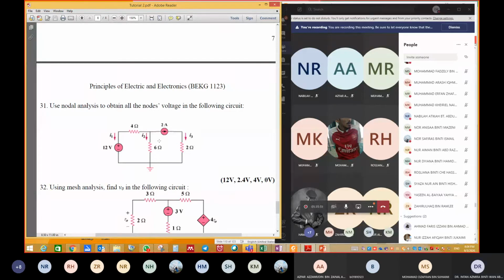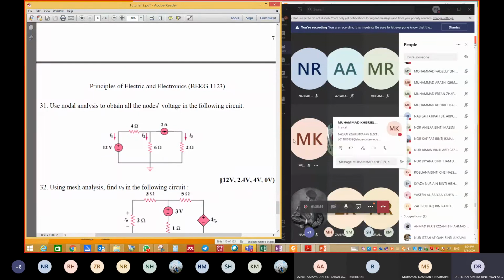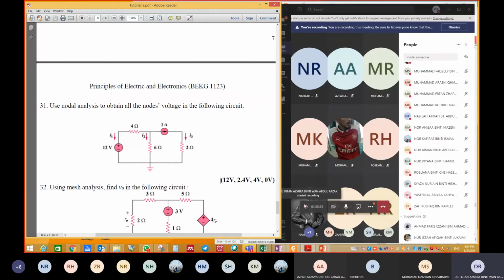Just now I mentioned that I1 is equal to V1 minus 12 divided by 4, right?